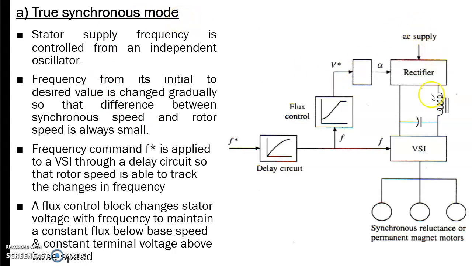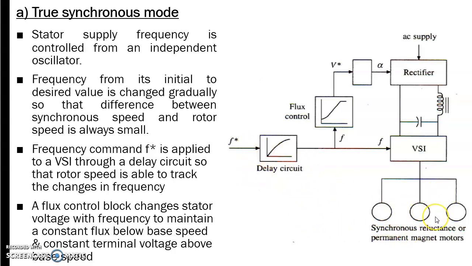This is one of the block diagram for a true synchronous mode of operation of a variable frequency control of synchronous motor. Here you can see that F star is the frequency command to the VSI. It is decided externally. There is no link with the actual speed of the motor.